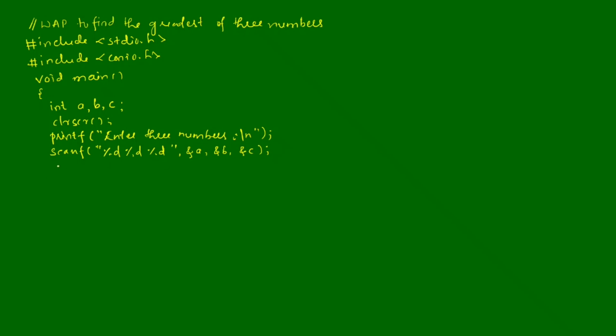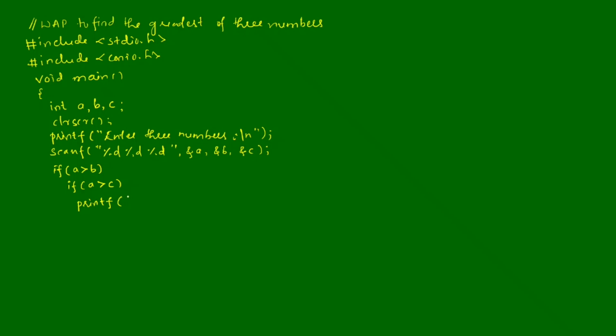a semicolon. So after receiving three values for the variables, we have to check the condition. If A is greater than B, if it is true, then we have to check if A is greater than C. If this is also true, then it has to print A is the greatest.